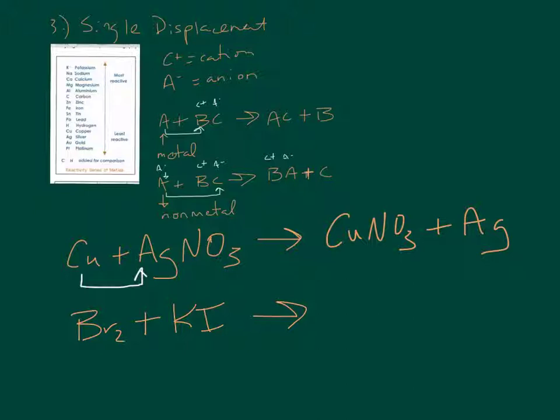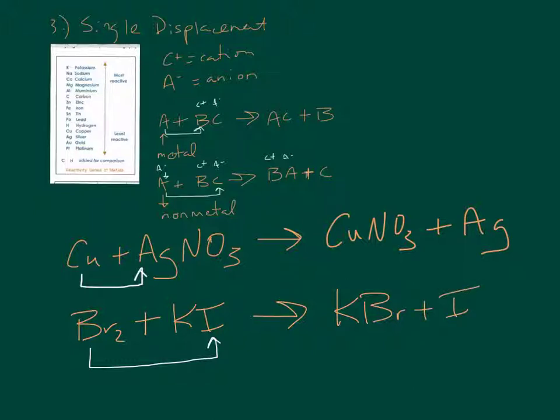Bromine is a nonmetal. All right, so if it's a nonmetal, that means it's going to be the anion in the new compound. So it has to replace the other nonmetal. Okay, so it's going to replace iodine. So now what we end up with is potassium bromide plus iodine.